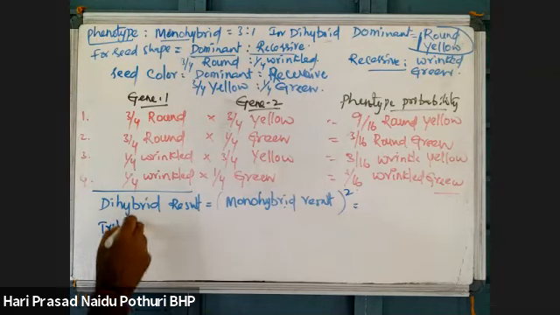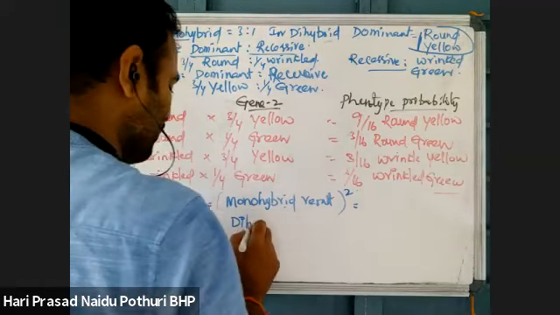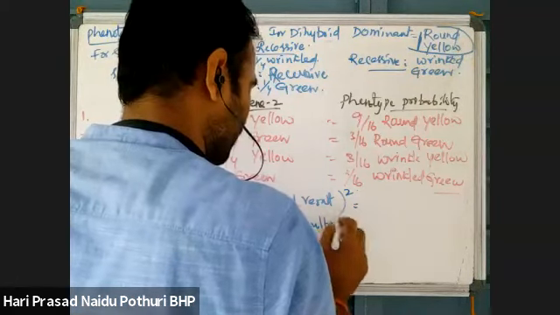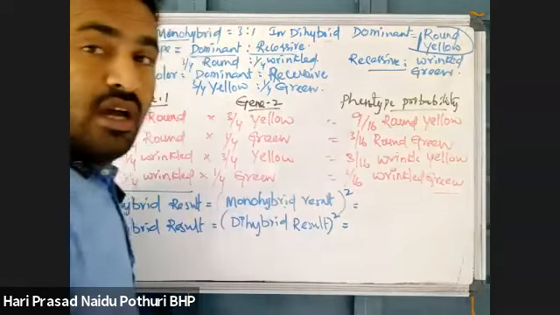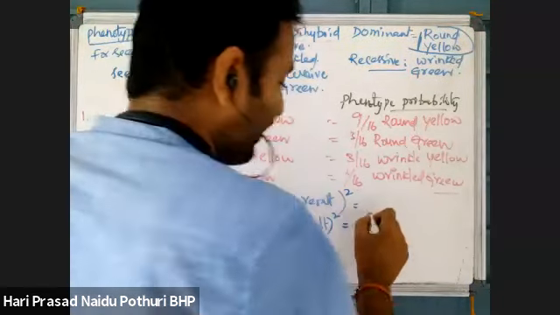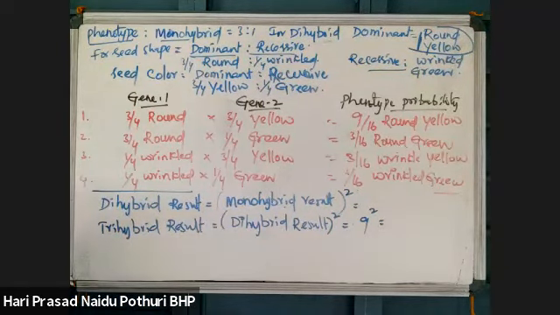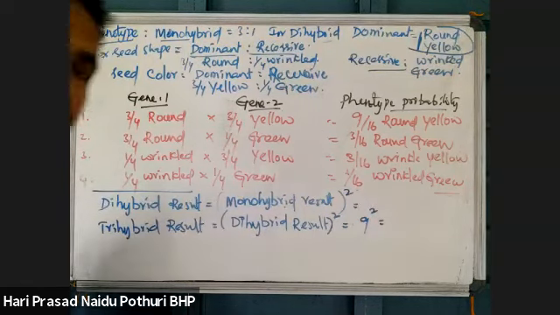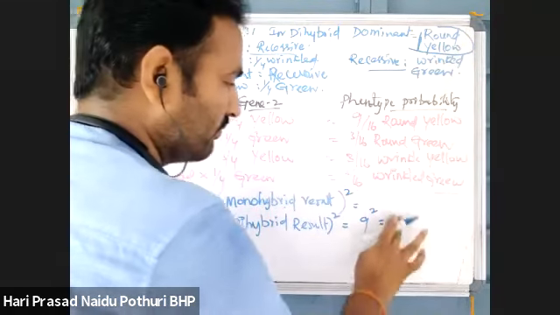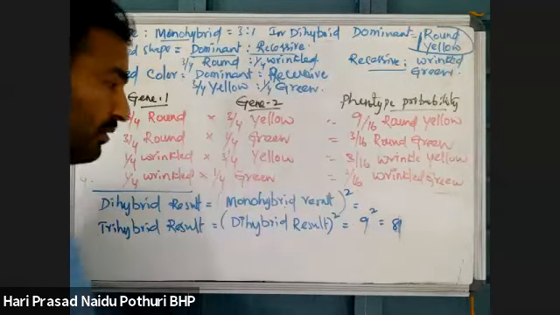If we see trihybrid result, trihybrid result is equal to dihybrid result square. How many genotypes are possible in dihybrid? 9 genotypes. 9 square is 81. 81 genotypes are possible. And phenotypes.